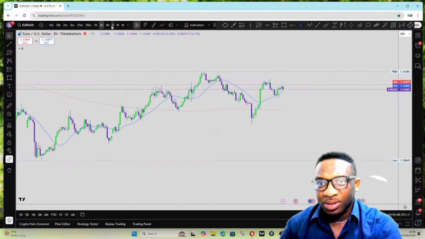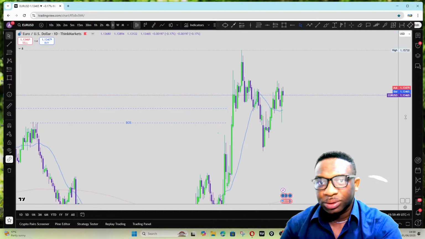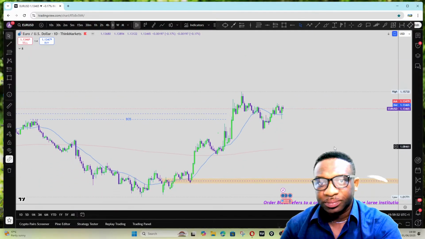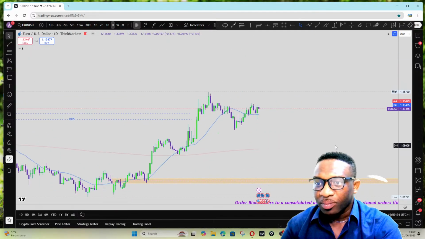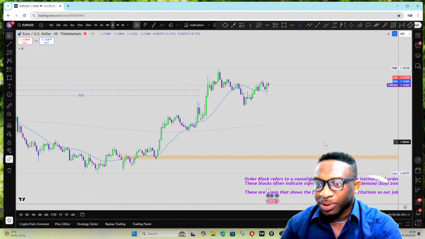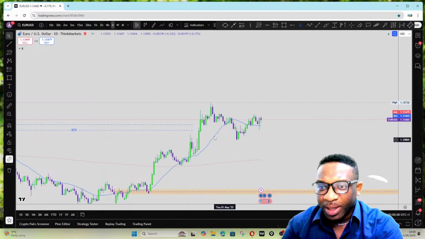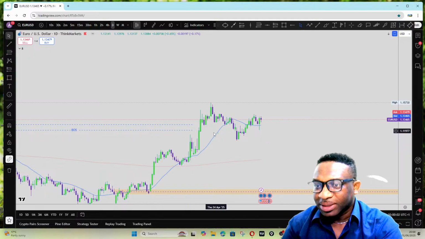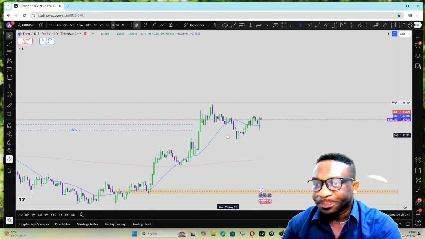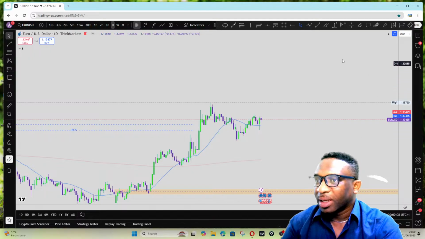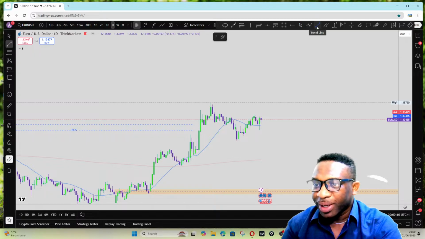So this is Euro USD. On the daily time frame, we have a break of structure here.